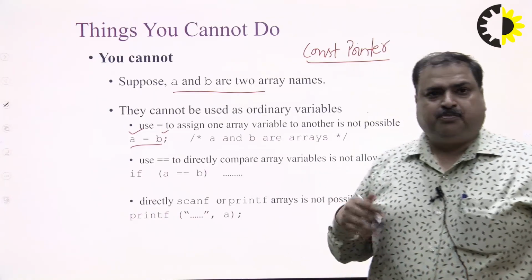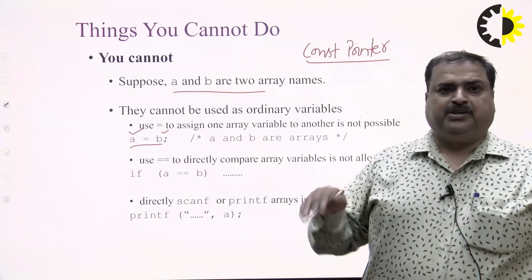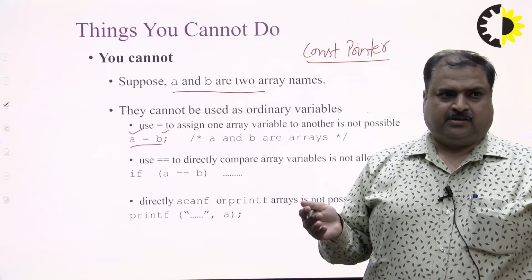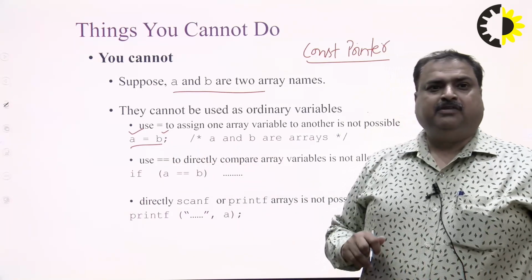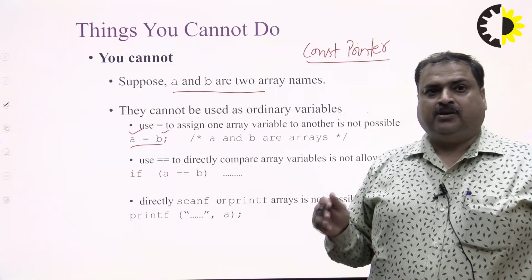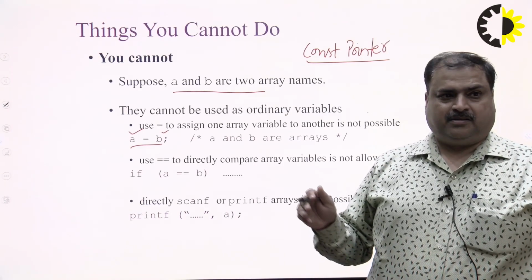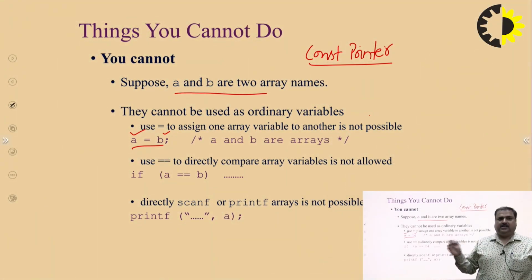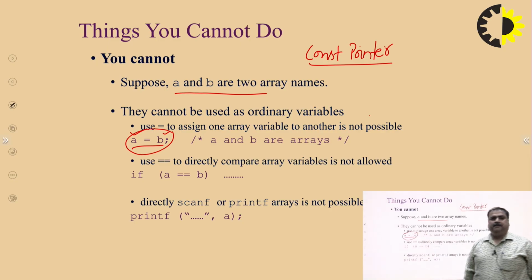So in a constant pointer also, if the pointer is pointing to some memory location, we cannot change that memory location. But here we are assigning the memory location pointed to by B to A, and A is a constant pointer, so it cannot be changed. That is the problem here. That's why the assignment operator cannot be directly used with array variables. I hope I have succeeded in making you understand why this cannot be done.